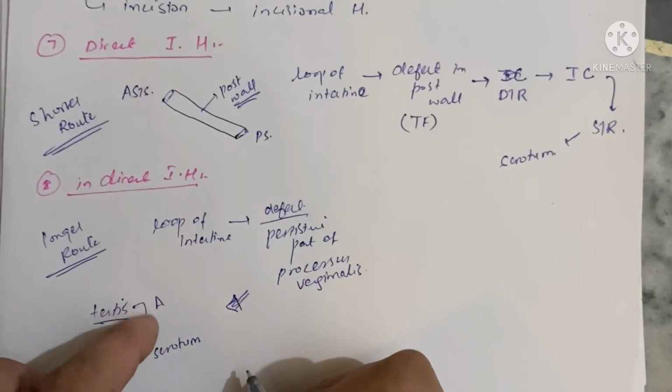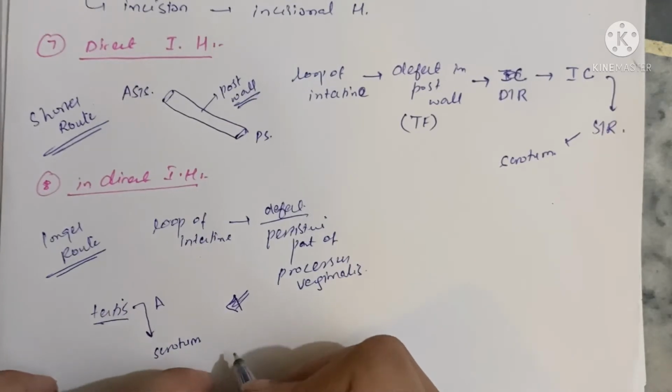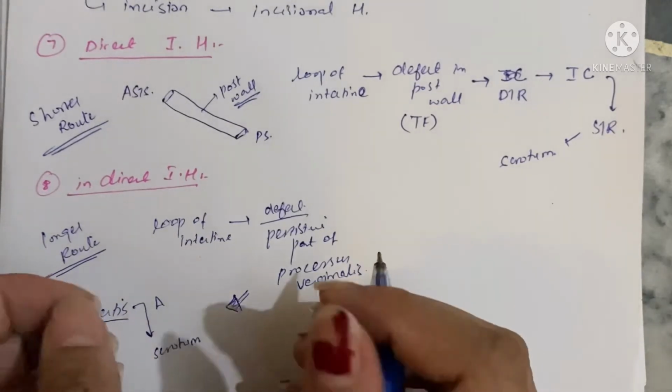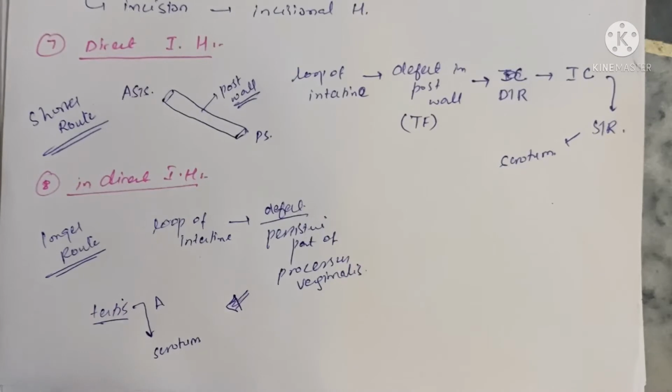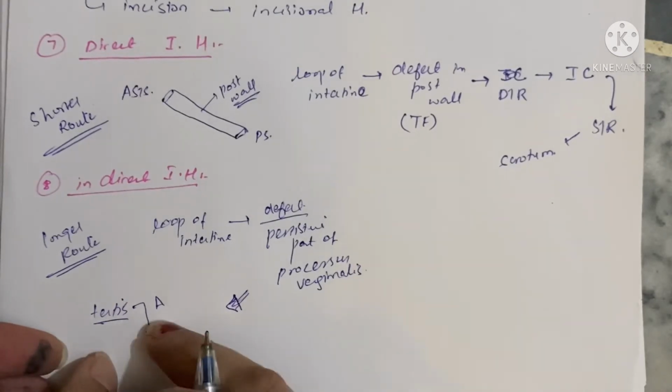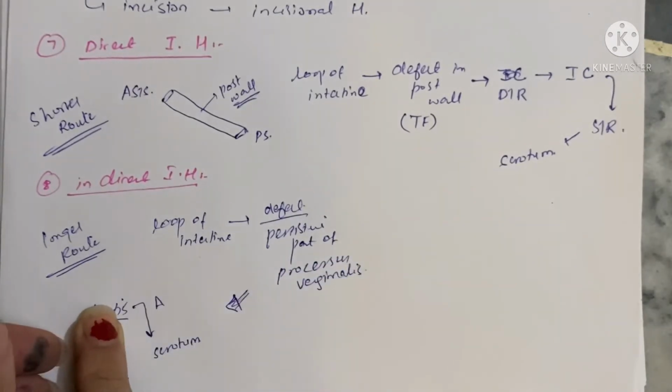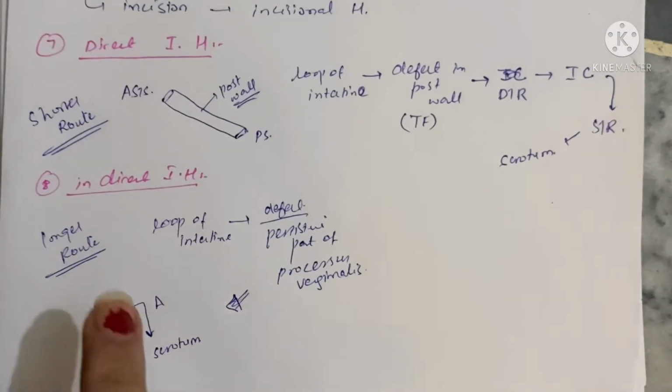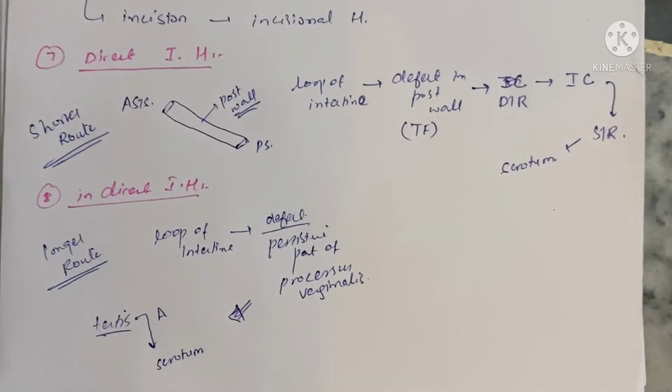Its proximal part, that is the processus vaginalis, usually obliterates normally. But if this processus vaginalis does not obliterate, then there is a connection from the abdomen to the scrotum, from where later on the intestines can easily protrude.